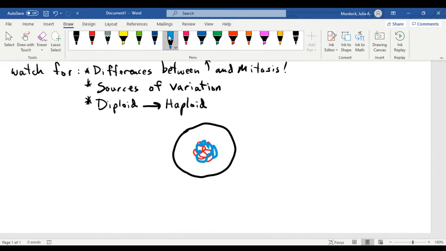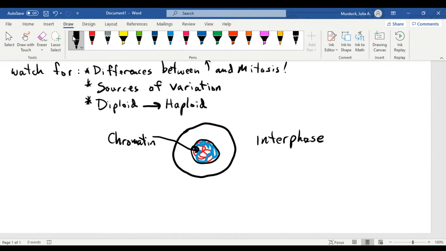Okay, and right now, this cell is in interphase, right? So this is a cell in interphase. Meiosis hasn't begun yet, and it has chromatin in here.